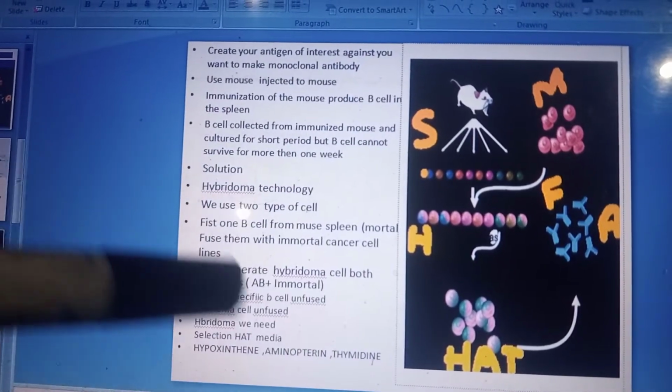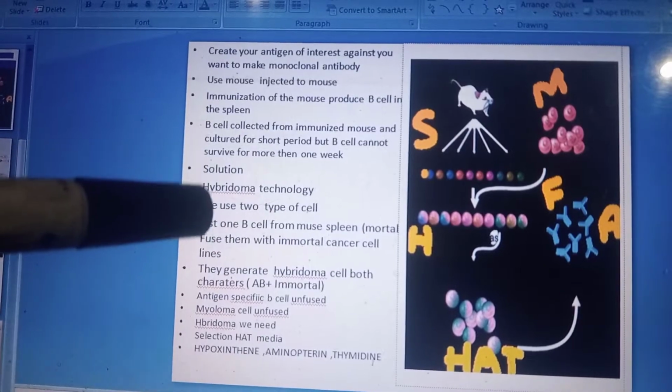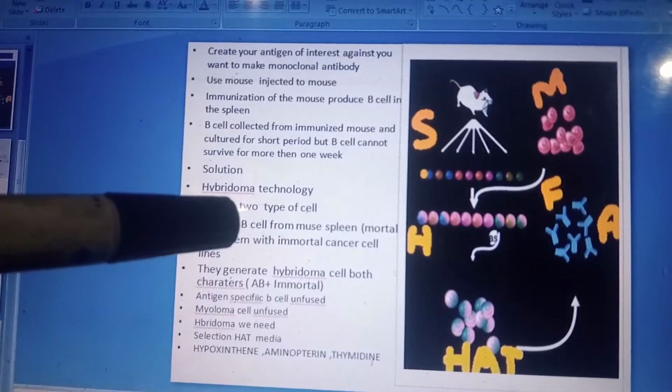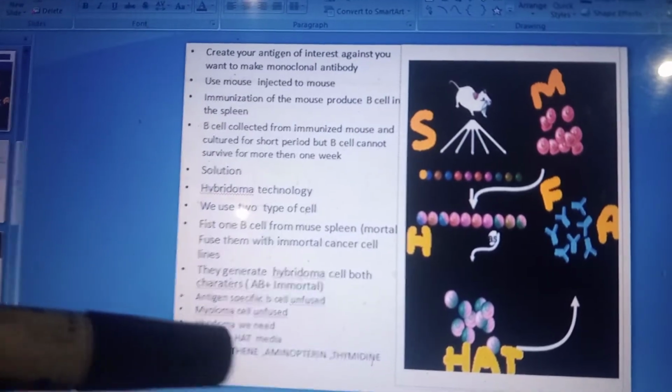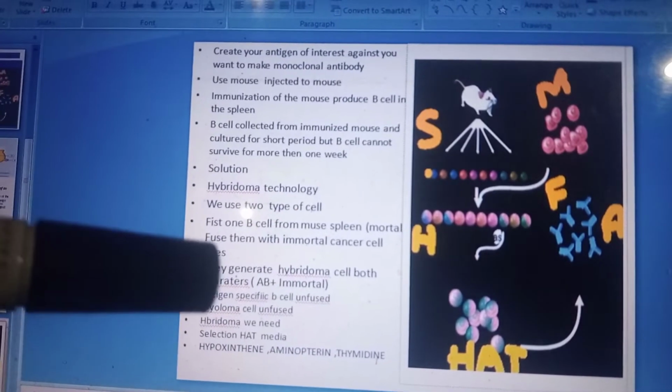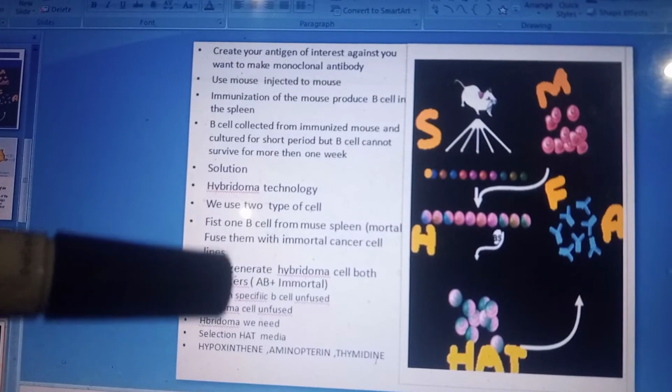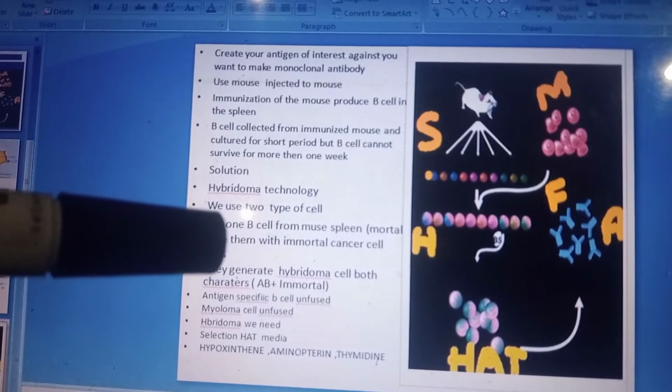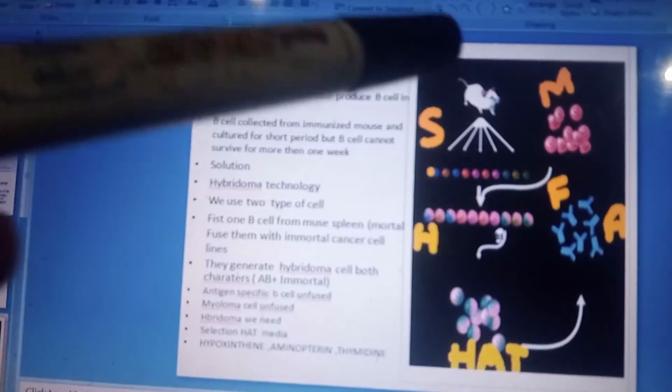If you want to make a monoclonal antibody against a tumor cell, you make the antigen of the tumor cell, or any type of cell. What you will do is use a mouse and inject this antigen into the mouse.